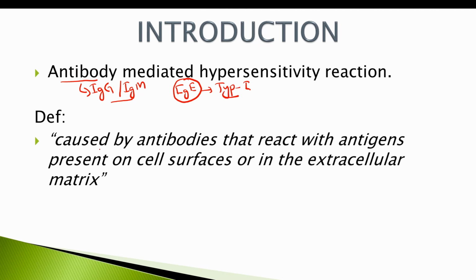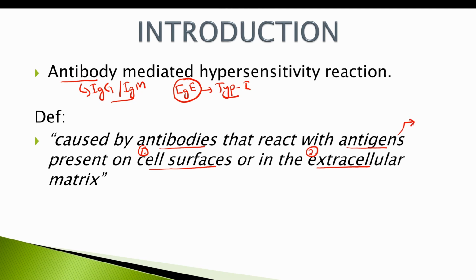The type 2 hypersensitivity reaction is caused by the antibodies that react with the antigens present on the cell surfaces or in the extracellular matrix. So antibodies could be either IgG or IgM. Antigens are either present on the cell surface or extracellular matrix.